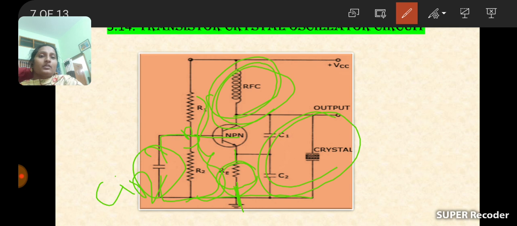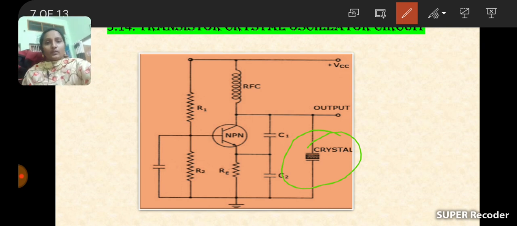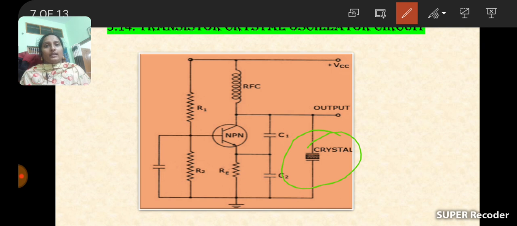The tank circuit is almost equal to that of the Colpitts oscillator except for the crystal. In the Colpitts oscillator we use an inductor, but here we are using a crystal. So this is the construction of the crystal oscillator. The potential divider network R1 and R2 is used for providing transistor biasing and stabilization. Already I said that it makes the operating point independent of temperature variations and transistor parameters.